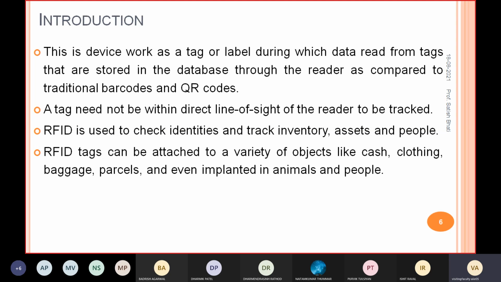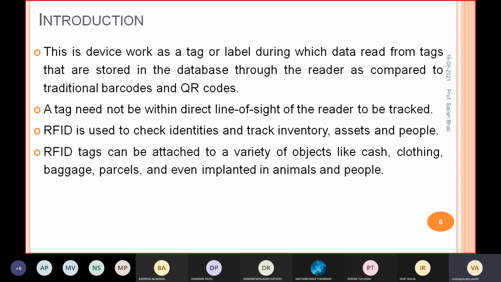A tag needs to be within the direct line of sight of the reader to be tracked, right? So this is about QR codes and barcodes. RFID is used to check identity and track inventory, assets, and people, right? So RFID is not only used for objects.